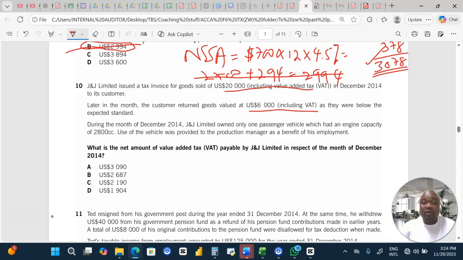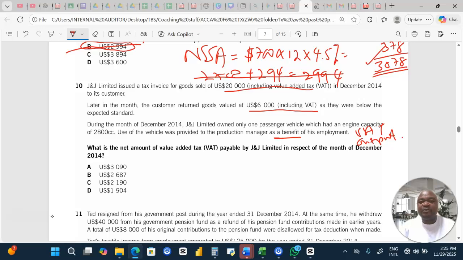So the vehicle was given to the production manager as an employment benefit. And being a benefit, obviously, we need to charge the employer. For doing that, we charge VAT. So there is also output VAT to be charged.